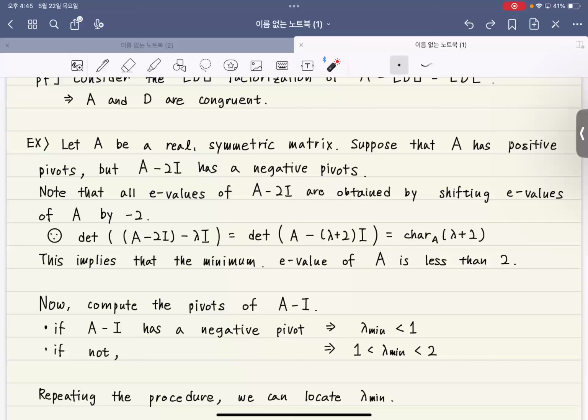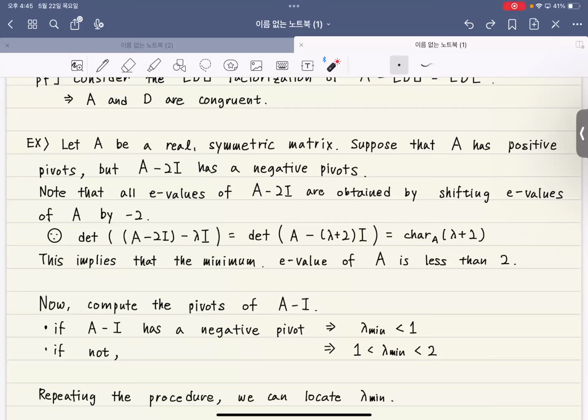Now let me compute the pivots of A minus I. If A minus I has a negative pivot, then what does it mean? Shifting the eigenvalues of A by -1, I can still find a negative pivot. That means the minimum eigenvalue of A is somewhere between 0 and 1.